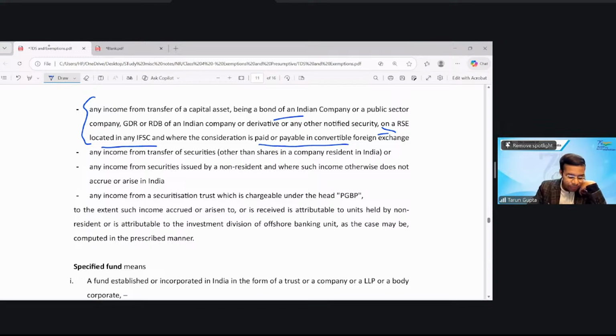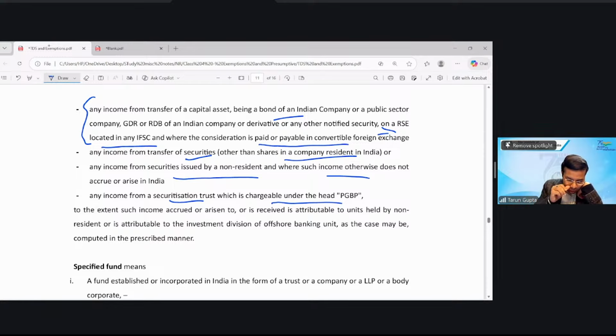And the exemption also covers any income from transfer of securities other than shares in a company resident in India, or any income from securities issued by a non-resident where such income otherwise does not accrue or arise in India, or any income from a securitization trust which is chargeable under the Act.